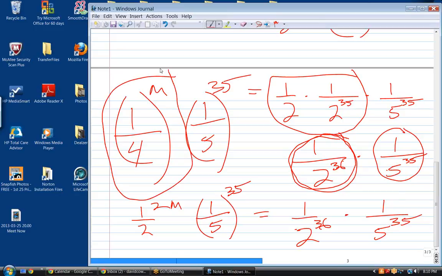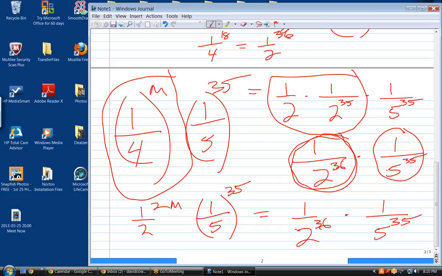So notice that to turn 1/2 to the 36th into fourths, we didn't just have to reduce one exponent. We had to reduce all the way down to 1/4 to the 18th, which is amazing. That 1/4 to the 18th power is the same number as 1/2 to the 36th power, and yet it is.